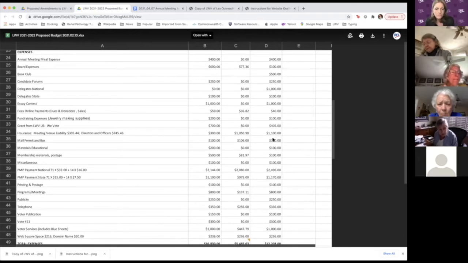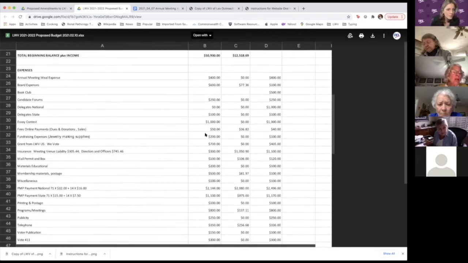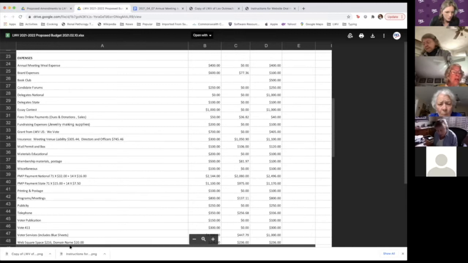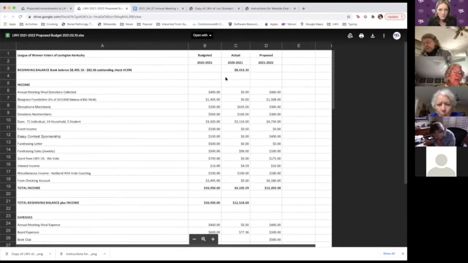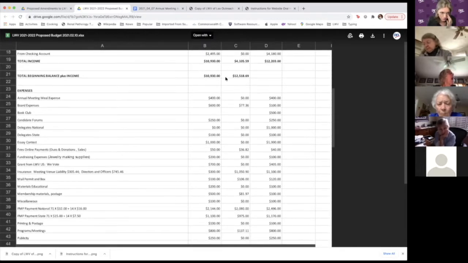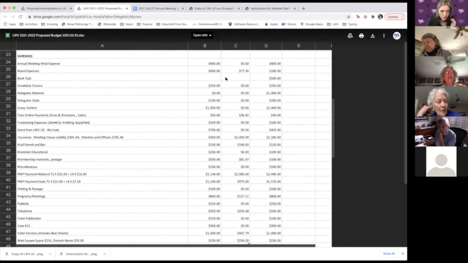So just to orient everyone, it says it right at the very top, but the first thing is budgeted for last year. Column 2 is what we actually spent, and then the third column is what we proposed for this coming year. So I'm going to scroll up so you can see all the expenses proposed for this year.